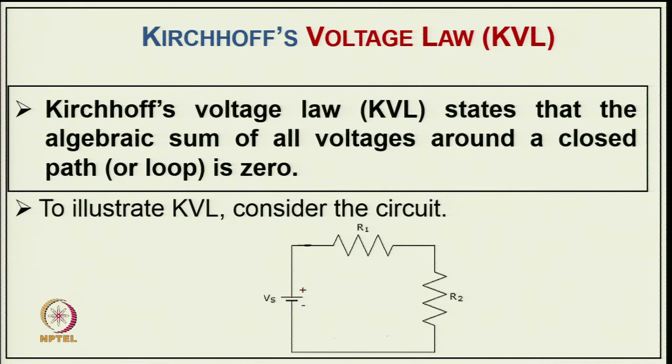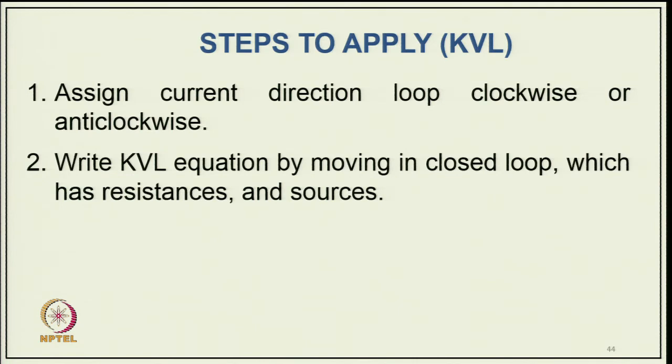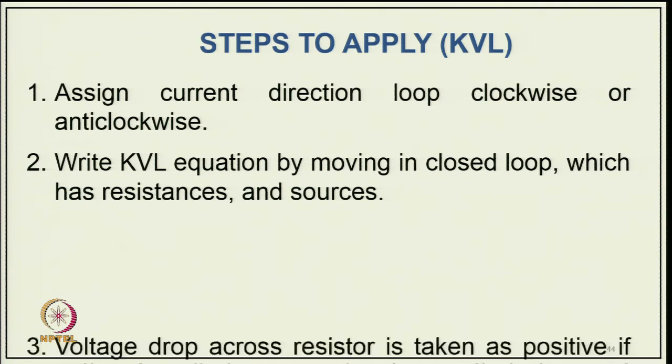To illustrate KVL, consider the circuit shown here with the voltage source Vs and the resistances R1 and R2 connected in this network. First assign the current direction in the loop, clockwise or anti-clockwise, then write the KVL equation by moving in the closed loop which has resistances and sources.